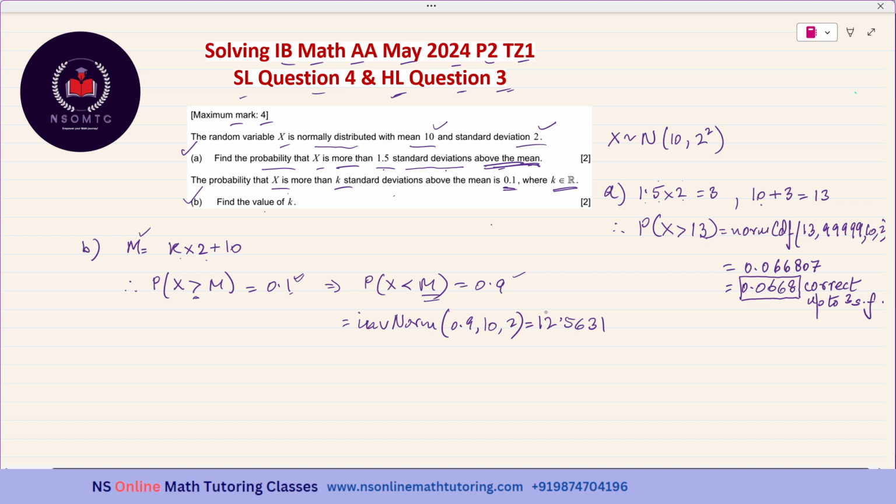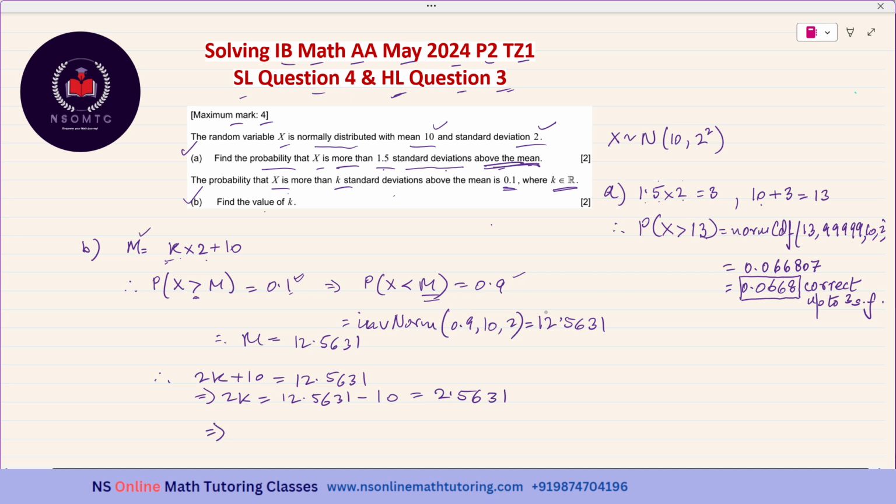So therefore, I have to get the value of k. This is the value of m. So m is equal to 12.5631. Therefore, 2k plus 10 is equal to 12.5631, which implies 2k is equal to 12.5631 minus 10, which is equal to 2.5631.